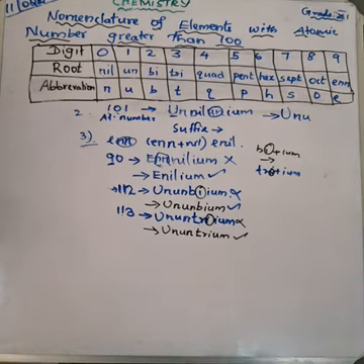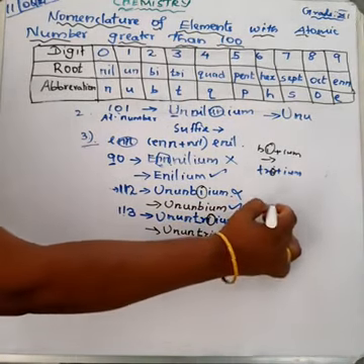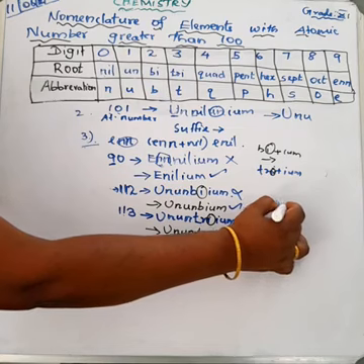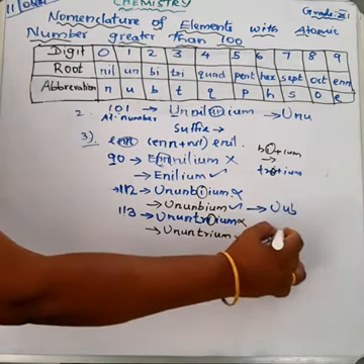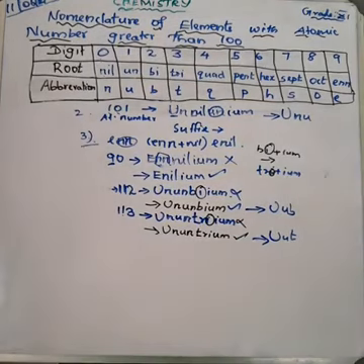After that, what is rule 4? The symbol of the new element is derived from the first letter of the numerical roots. How will you write the symbol of the new element? It derives from the first letter of the numerical root. Okay. For example, 101.